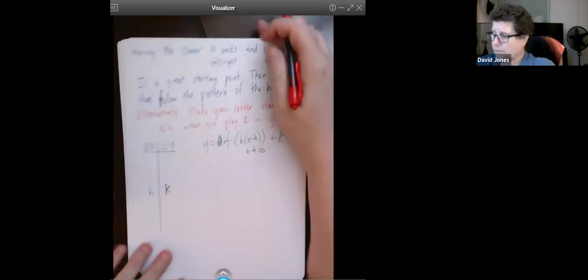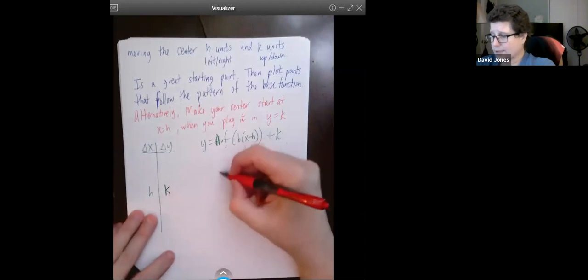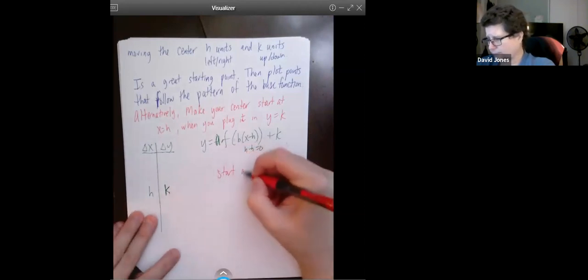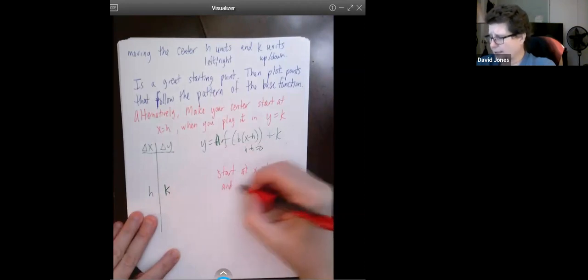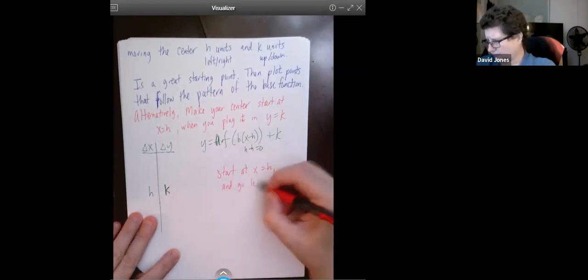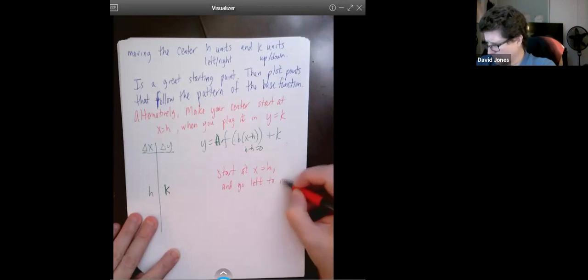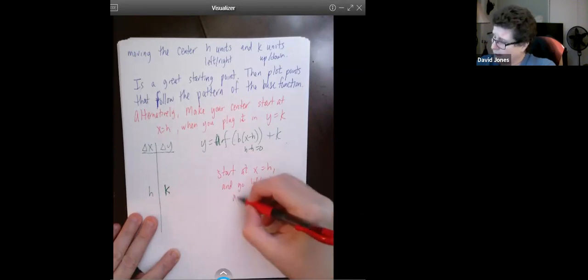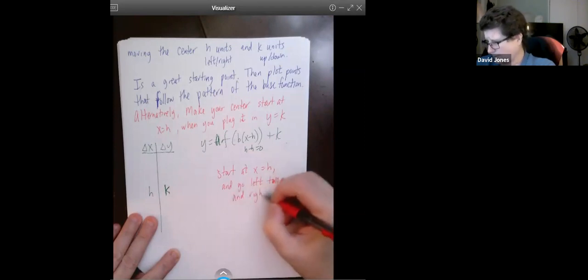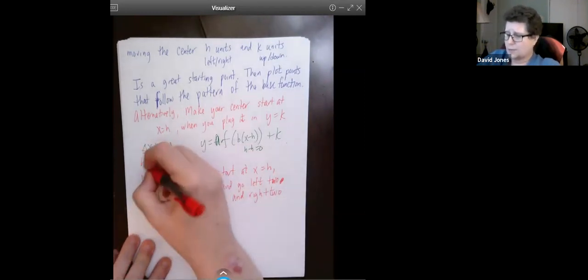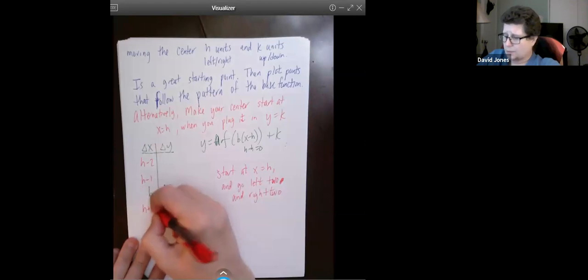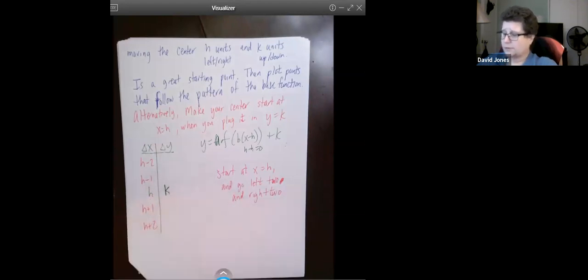So start at x equals h and go 2 left and 2 right. This is like h minus 1, h minus 2, h plus 1, h plus 2.